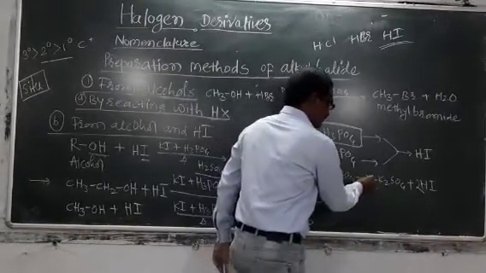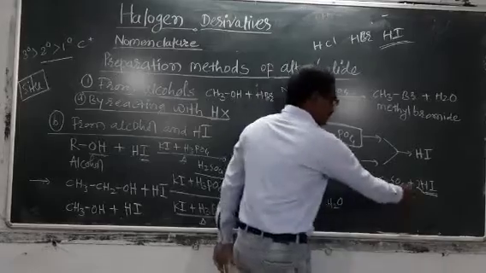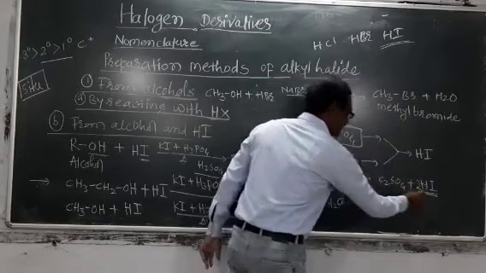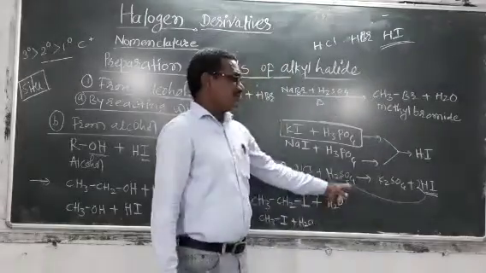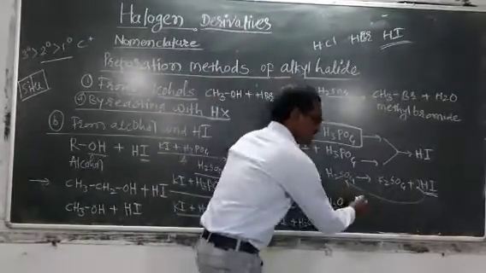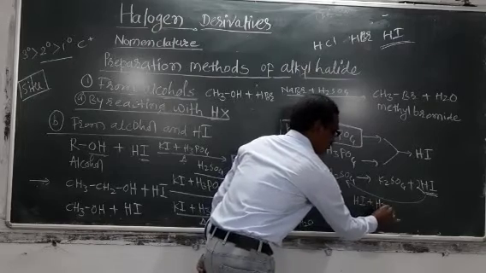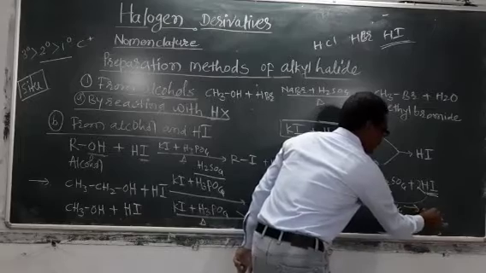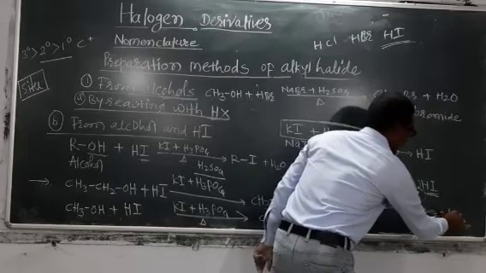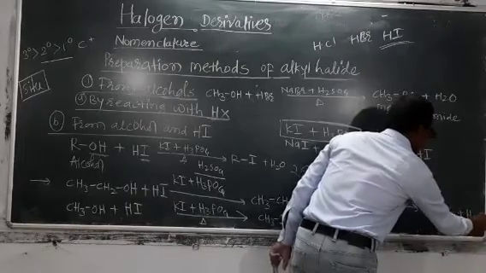In this reaction, this HI is formed. This product again reacts with H2SO4. What reaction will occur here? HI will react with H2SO4 and it will give SO2 plus I2 plus H2O.